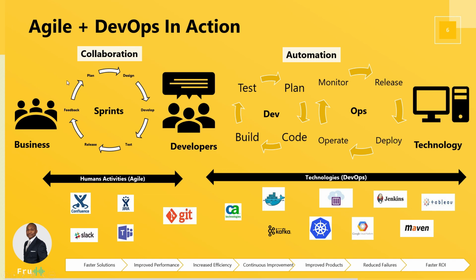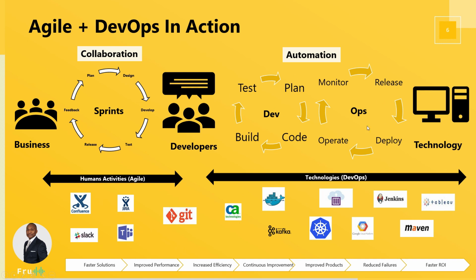I don't think a lot of business folks would care too much about understanding the specifics of a Jenkins script or a Maven build, or an Azure DevOps pipeline, or a Google Cloud Build, or an AWS CodePipeline, something like that. So the business folks don't care too much about the technology side. DevOps is really for the developers integrating.